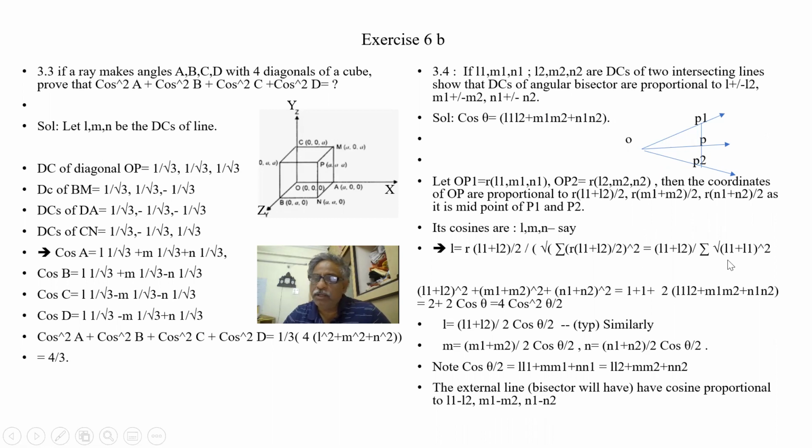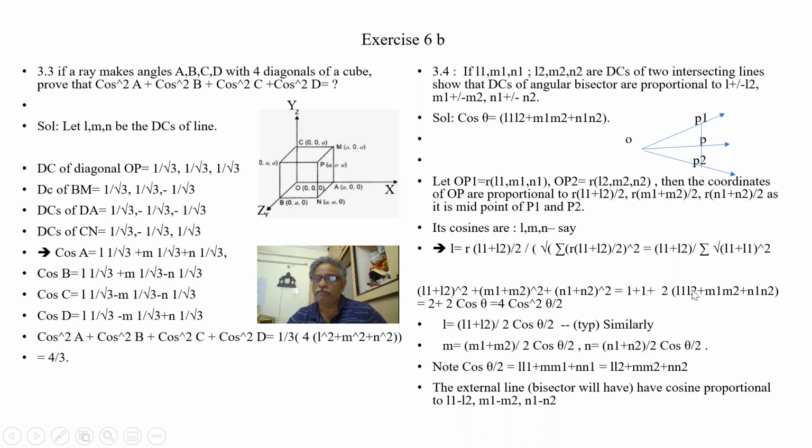Now let us see here. What is the sum of r into l1 plus l2 by 2 whole square? This is the length of this OP. So let us see. l1 plus l2 whole square plus m1 plus m2 whole square plus n1 plus n2 whole square is equal to l1 square plus m1 square plus n1 square, which is 1, plus l2 square plus m2 square plus n2 square, which is 1, plus 2 into l1 l2 plus m1 m2 plus n1 n2.